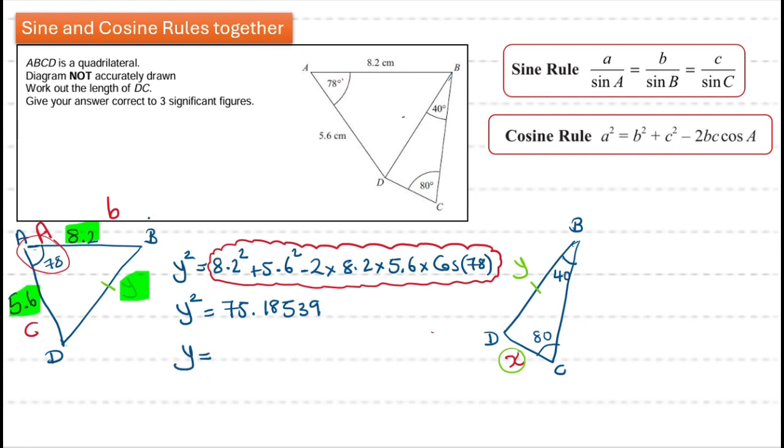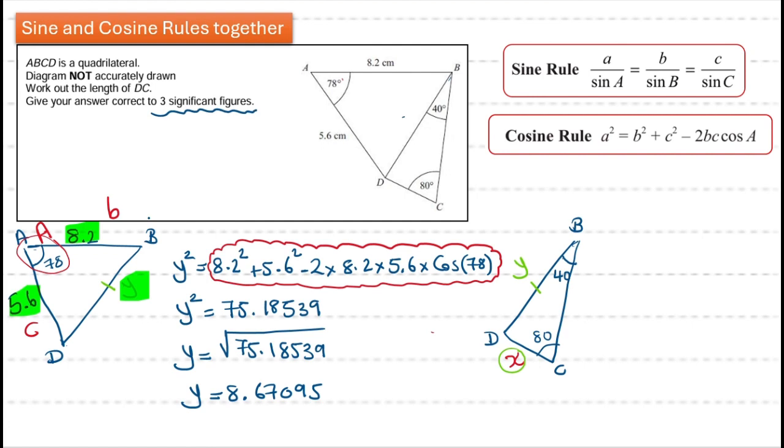To find y, we take square root from both sides. So we take square root of 75.18539, and that gives us y equals 8.67095. Remember that we must keep writing the numbers to more than 3 significant figures and only round the final answer to 3 significant figures as the question wants.